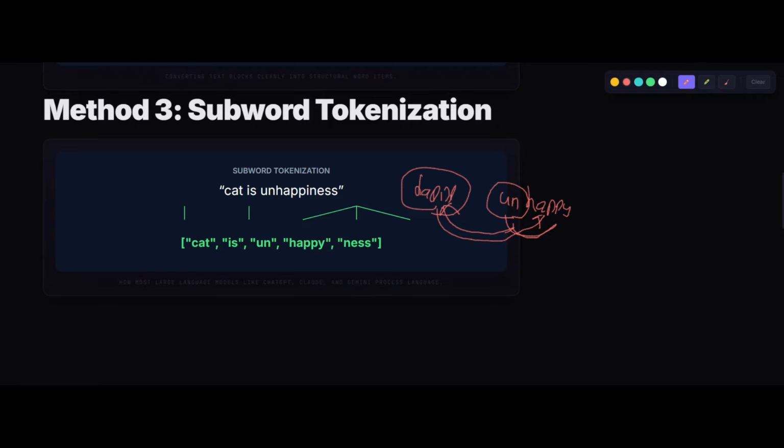Also, if some unknown word comes, let's say I typed something else that we didn't train on during model training, then the model will not understand the meaning of the full word. In subword tokenization, we divide the word and check whether there is any relation to current words.